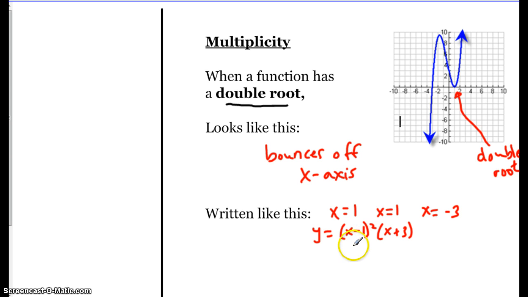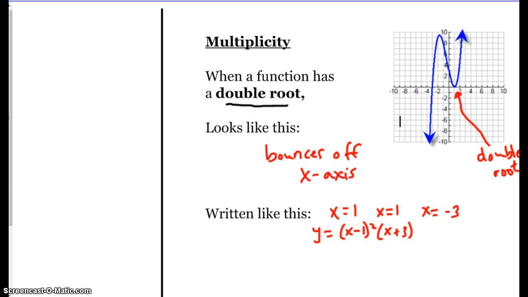So you can rewrite that as x minus 1 squared. This factor, when we set it equal to 0, would be x plus 3. Okay. So two things to remember here. A double root is when it bounces off the x-axis, and then when you go to write the factor, you end up having a square because the item will be twice.